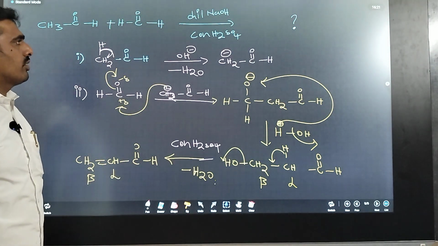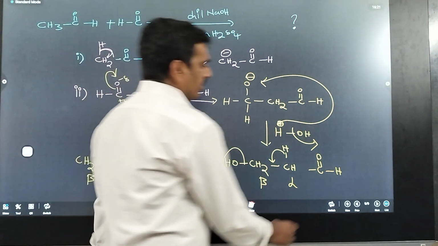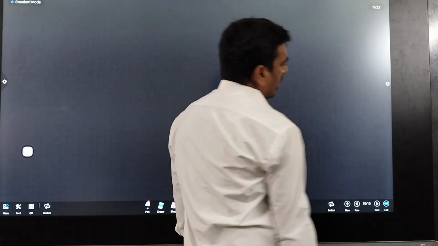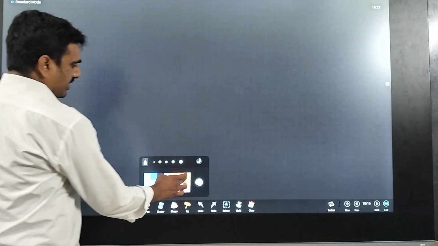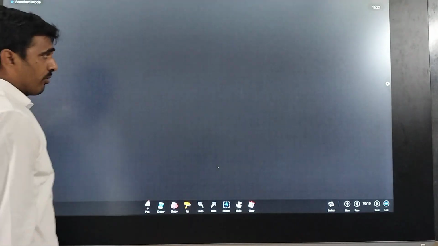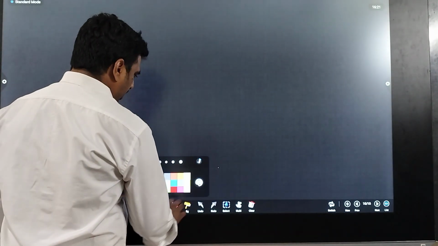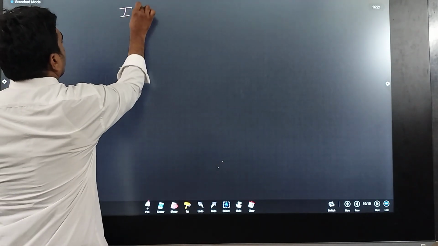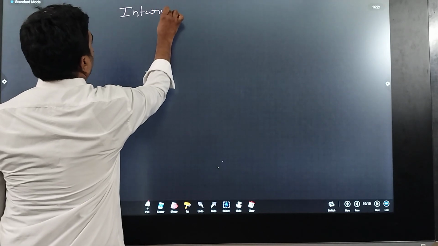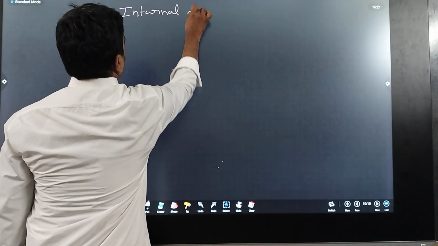So one more example. Next, I can take one more example, internal Aldol condensation. So what is the internal Aldol condensation?